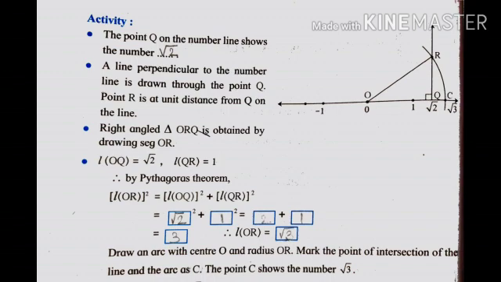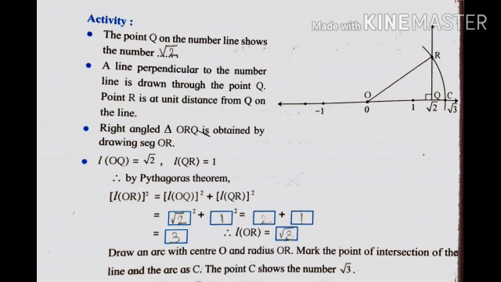3 now here is the square of length of OR, but we do not want the square of length OR. We want only the length of OR. So what we have to do? We have to take the square root on both the sides. So when we take the square root on both the sides, length of OR will be equal to root 3.